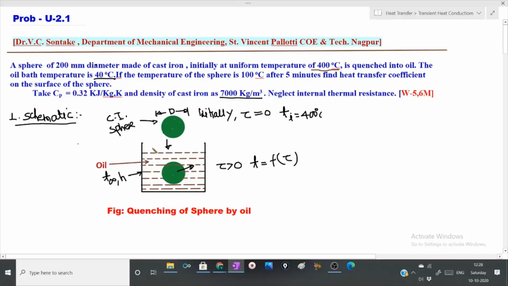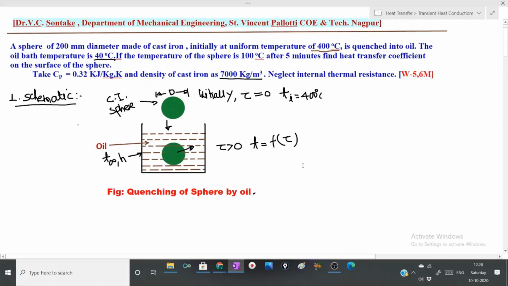So I have clearly mentioned it is a sphere. Tau is equal to 0 means initially its temperature was 400 degrees Celsius, and after quenching, temperature at a particular time tau is a function of time. And title of this figure will be quenching of sphere by oil. Okay.